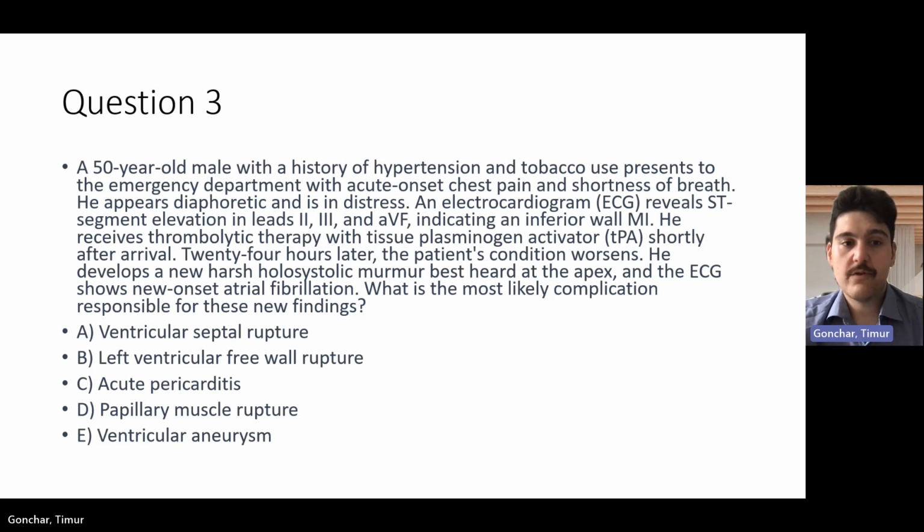It's not left ventricular free wall rupture. That will generally be a much more acute presentation, and ventricular septal rupture will actually result in a new holosystolic murmur, but it won't be best heard at the apex. You would have to auscultate at the left sternal border to find this sort of pathology.